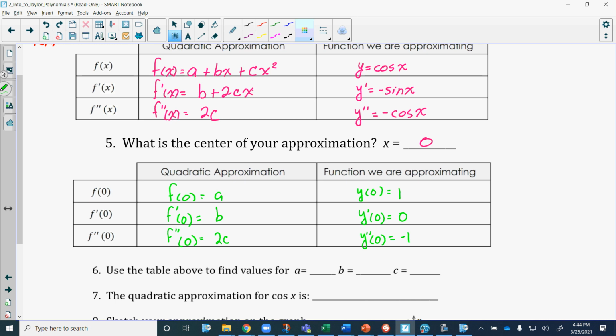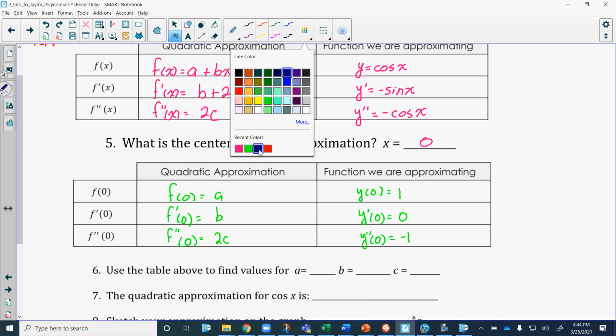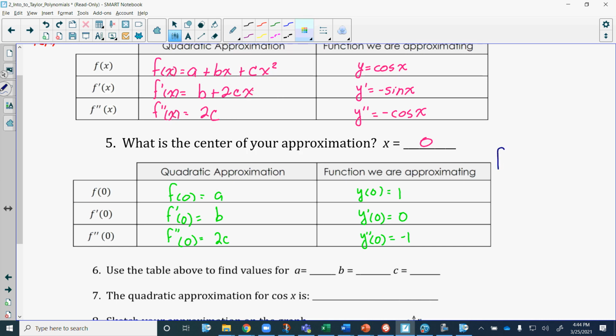I don't think the tables themselves are probably the best way of demonstrating it, but essentially what we're trying to use the tables to illustrate is that f of x is equal to y, and f prime of x is going to be equal to y prime, and f double prime of x will be equal to y double prime, and so on.